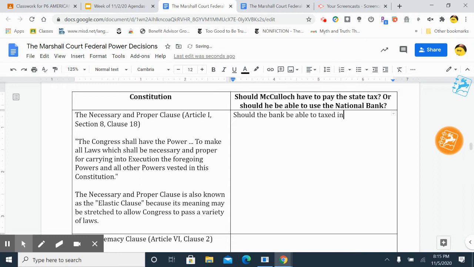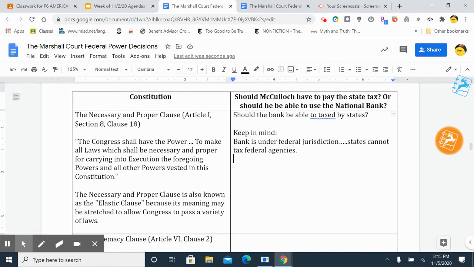So keep a couple things in mind as you're thinking about this. Keep in mind the bank is under federal jurisdiction, right? So can the states tax federal agencies?